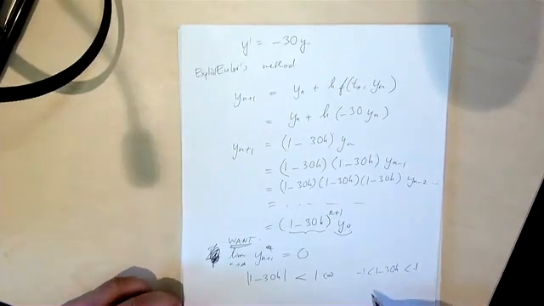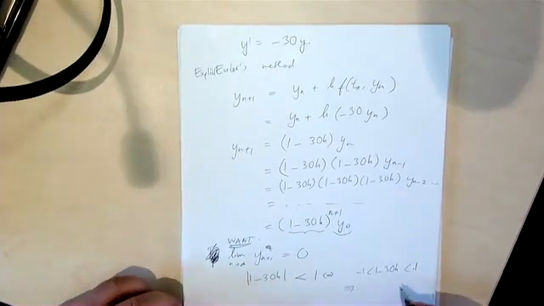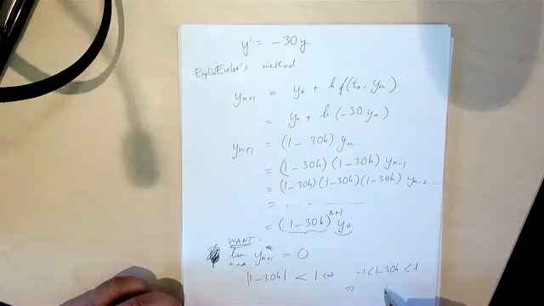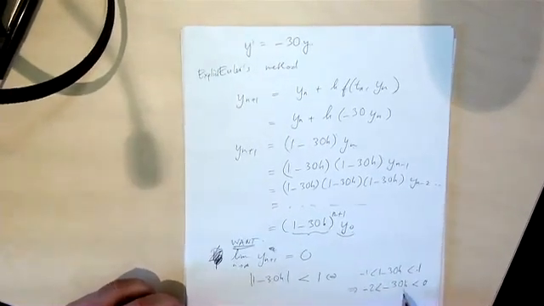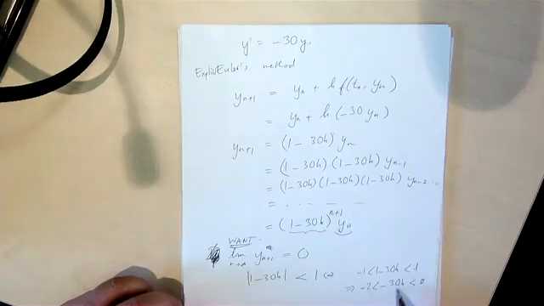So I solve it. I just take 1 away, so I got minus 30h here, and 0, and this one is minus 2. Minus 30h is always less than 0 because h is positive, so this one is okay.